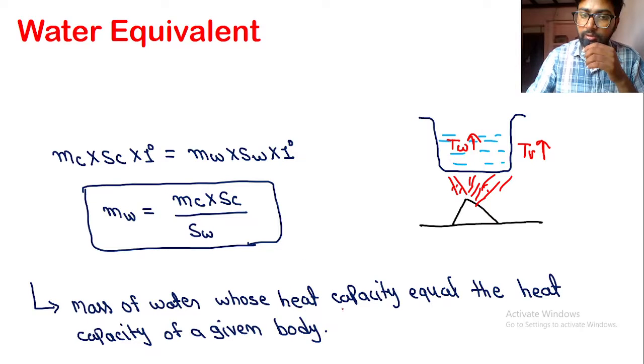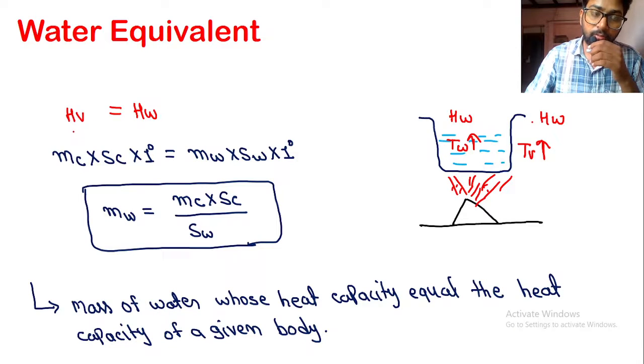So the mass of water whose heat capacity equals the heat capacity of a given body. Suppose heat is H water, H vessel, this H vessel equal to H water, means the heat required to increase the temperature of the vessel by 1 degree can be used to increase the temperature of water by 1 degree.